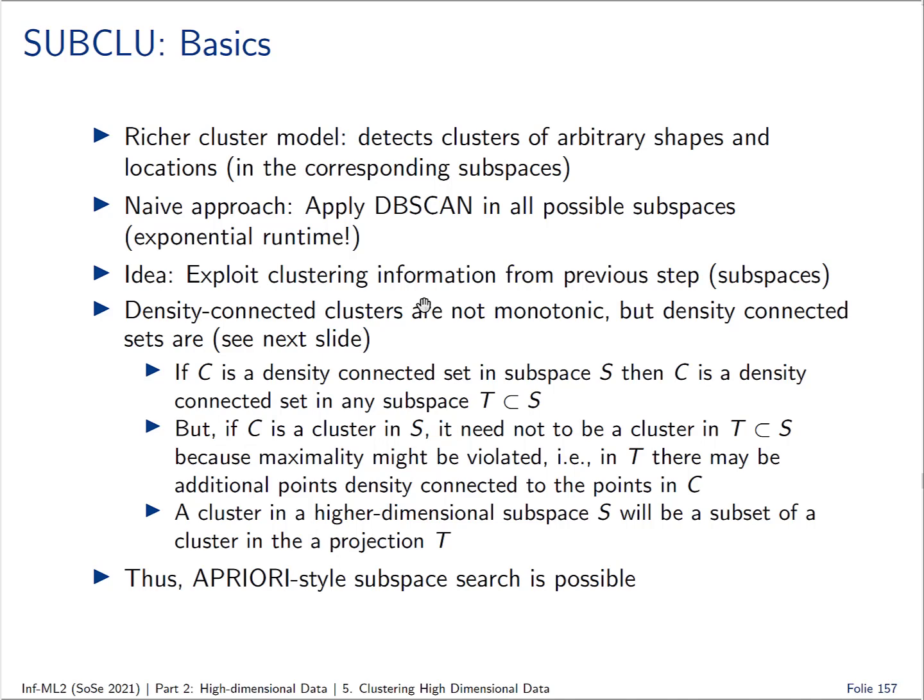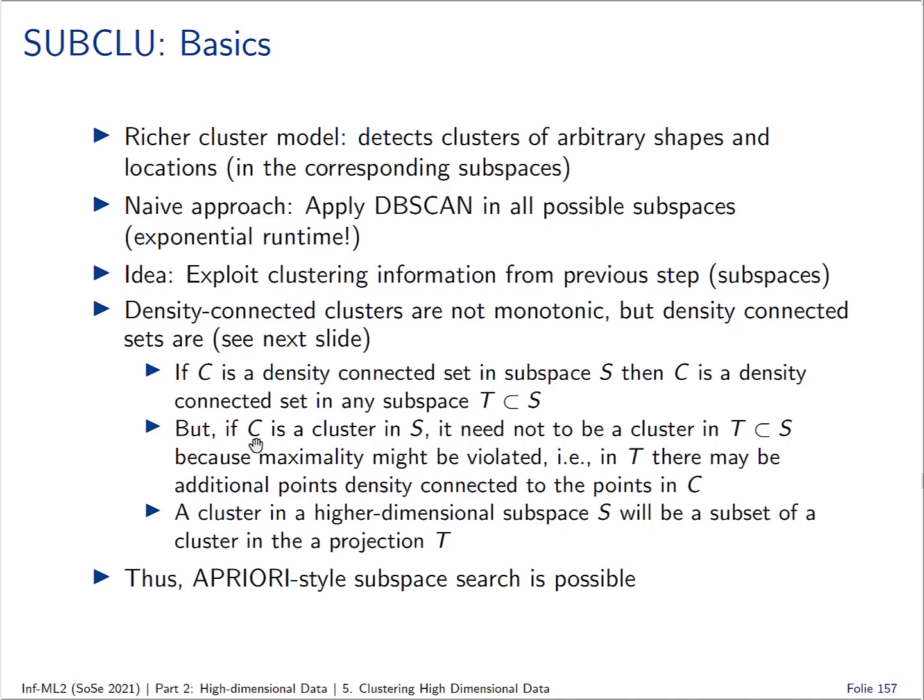So we can again apply these a priori style subspace search paradigms. Because we know that if a cluster C is a density connected set in subspace S, then C is a density connected set in any subspace T. And the maximality has to be given up, because C can be larger in the projection, as we will see.